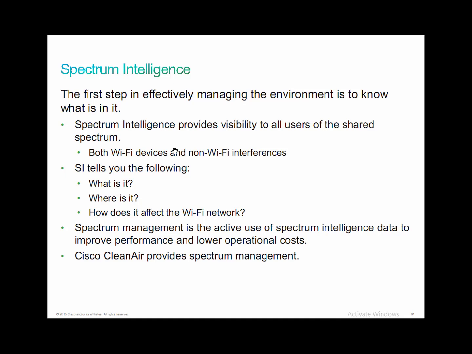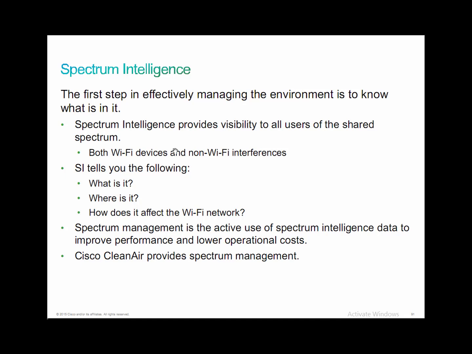The goal here: a healthy wireless environment. All right. So it is going to require a little bit of knowledge about what types of interferers can exist, where they exist, and you have to understand spectrum intelligence. Spectrum intelligence is definitely a core technology that's designed for proactively managing this wireless spectrum.